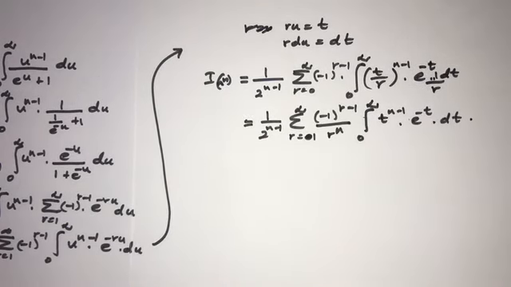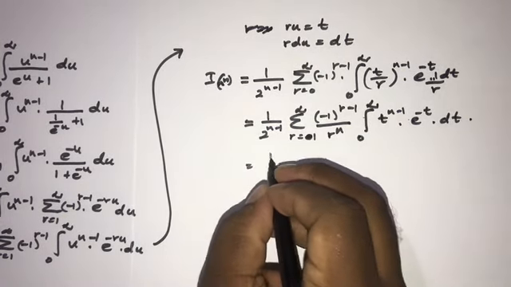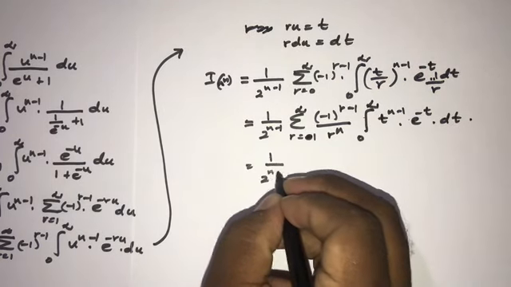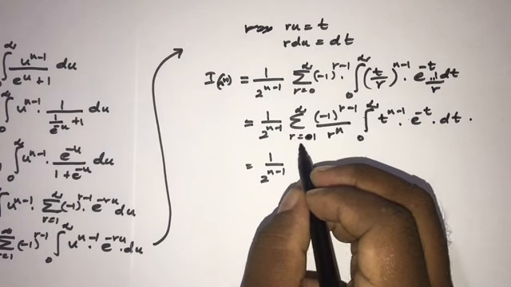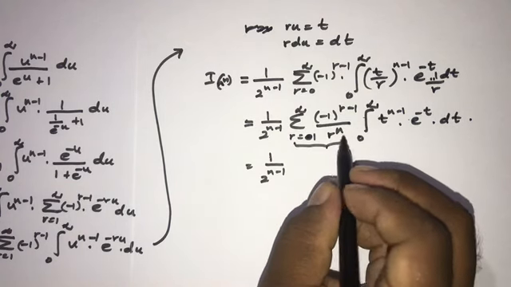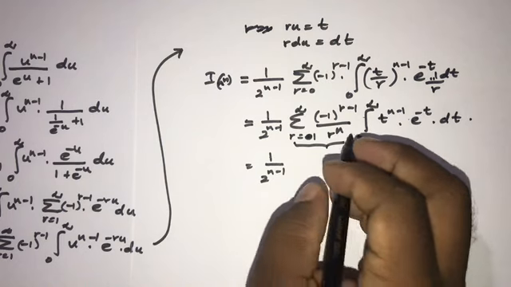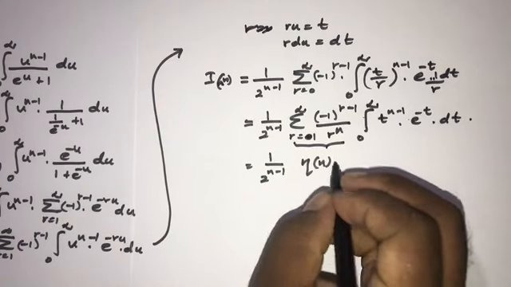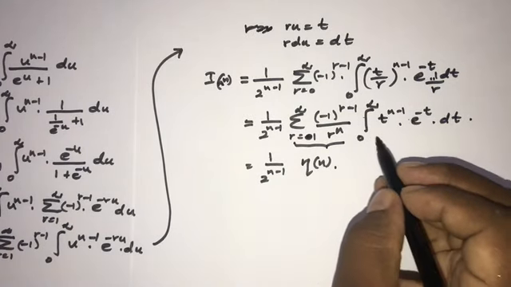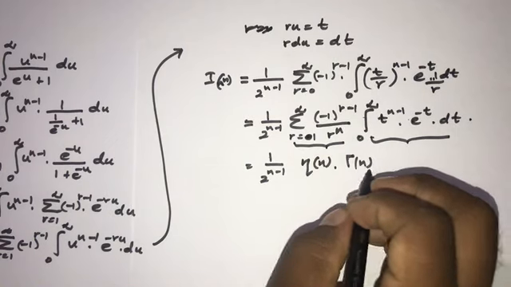Now we have the familiar functions. We know the infinite sum r equal 1 to infinity of minus 1 to the r minus 1 over r to the n is eta of n, and the integral is gamma of n.